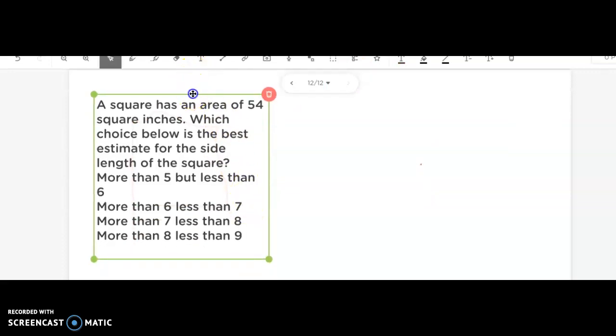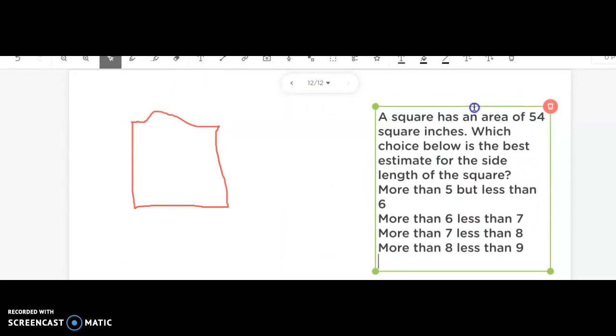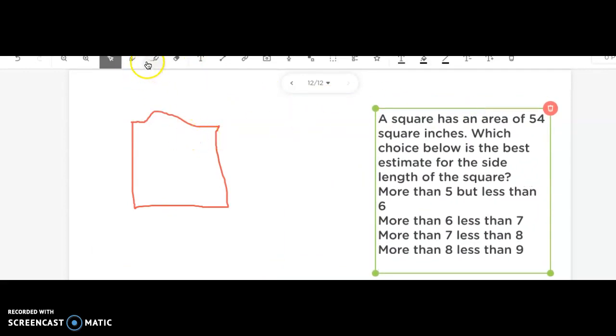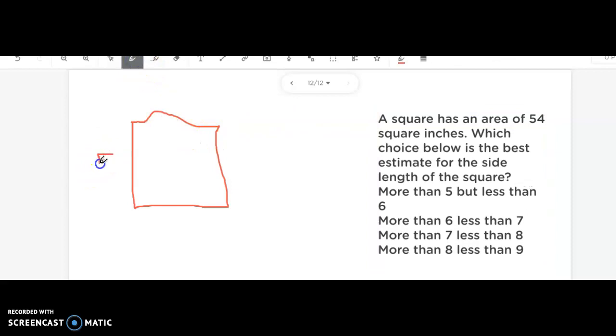The first one is saying more than 5 but less than 6. So it's basically saying that this is 5 by 5. And the next one is 6 by 6. So a square has an area, right, which is length times width, of 54 square inches.